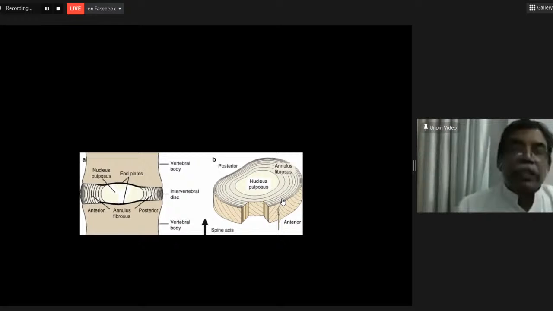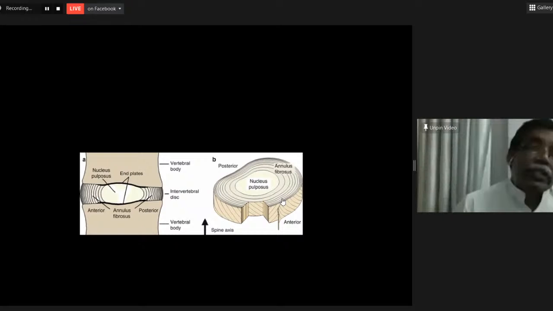If something goes wrong with the annulus fibrosus, it may rupture, and then you have the collapse of the intervertebral disc. When the child is born, there is about 93% water content in the nucleus pulposus, and with aging, the physiological reduction of the water content at the age of about 80 years is to 70%, 75%.